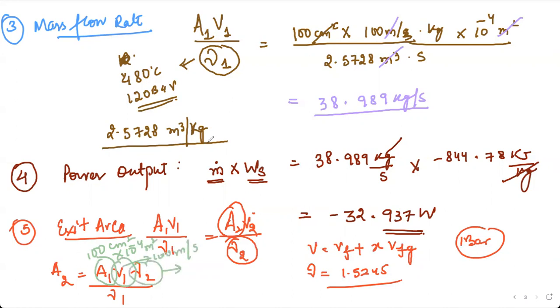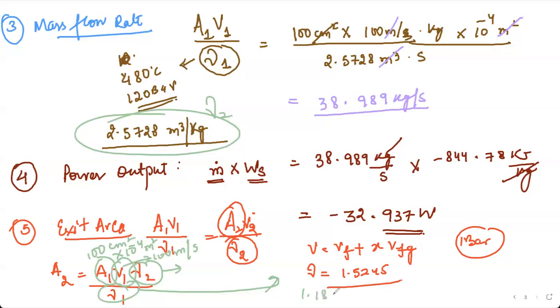This is your specific volume 2 value, and specific volume 1 is here. You just need to substitute and calculate. The answer to this question is 1.188 meters square, which is approximately equal to 1.19 meters square. So with this, we finish this question. Stay tuned for more such questions.